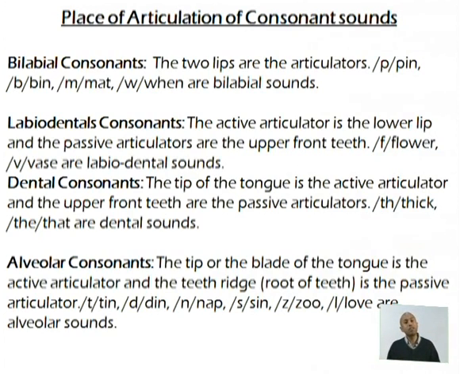Then we have alveolar consonants. Now, alveolar consonants: the tip or the blade of the tongue is the active articulator, and the teeth ridge, that little bump that we said, behind the teeth, is the passive articulator. Now, what is that?